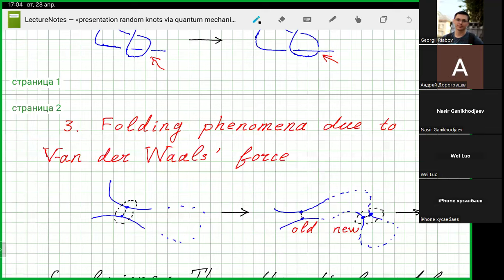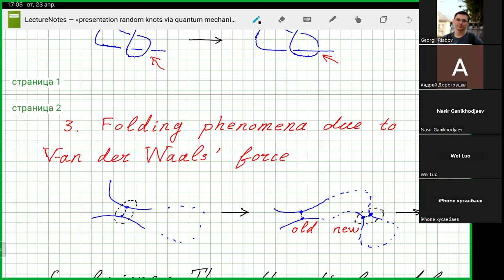These forces are not very strong, but at a very short distance between monomers from different parts of the polymer, they start to work, and it can happen that pairs of such monomers, as you see on the picture, remain close after they begin to interact with this van der Waals force, remaining close all the time of evolution.